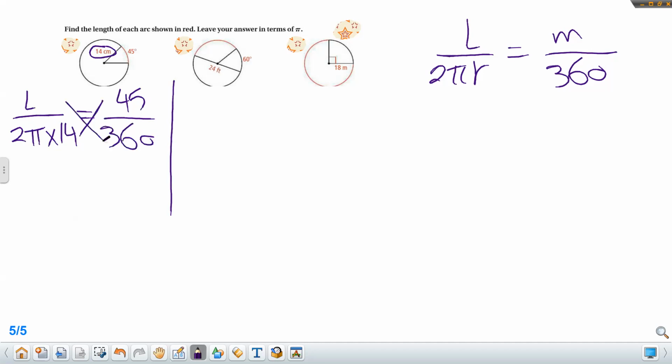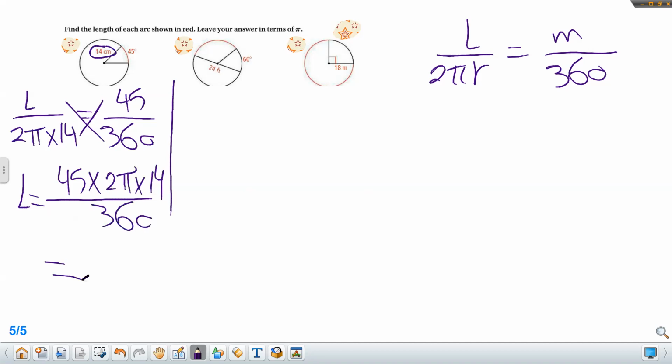Then you can make a cross multiplication. Then length equals 45 times 2 pi times 14 over 360. It will be 7 pi over 2 centimeters.